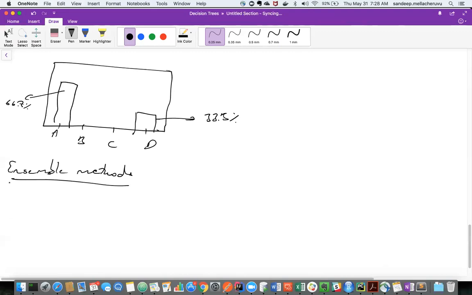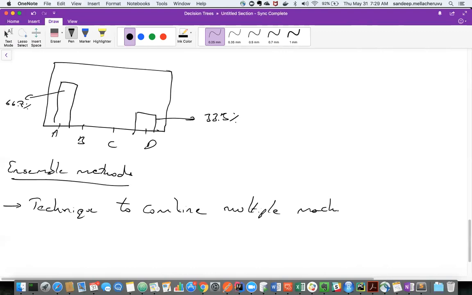So ensemble methods are just a technique to combine multiple machine learning techniques into a final prediction.